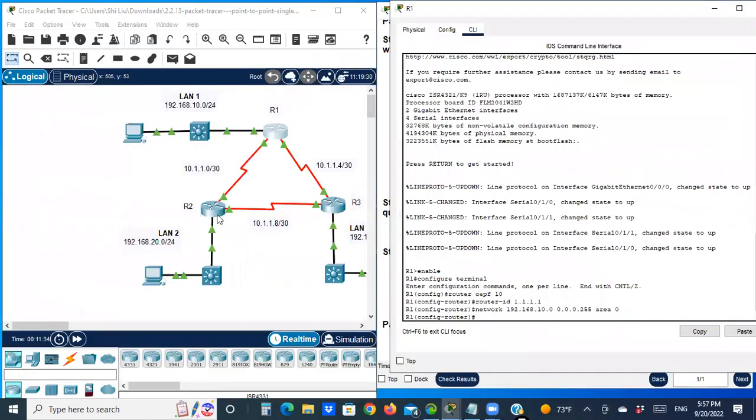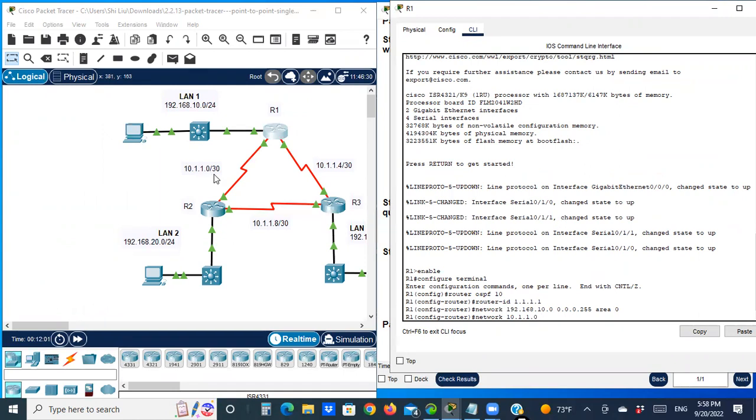Okay, and the second one, network. This one, network address 10.1.1.0. This is the network address with the wildcard mask.